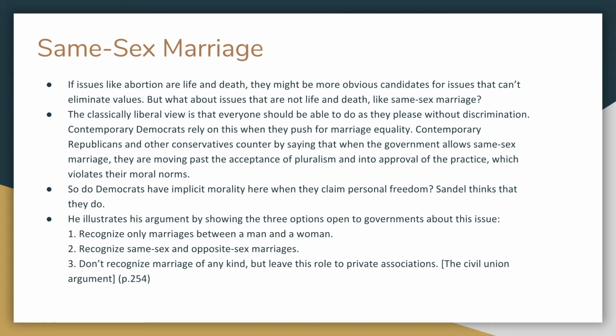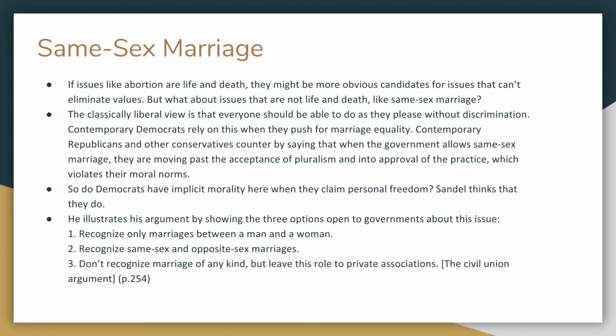But same-sex marriage isn't life and death. And we're going to take a look at how Sandel thinks that you still shouldn't take morals out of the equation. He uses a case study from the Massachusetts Supreme Court, where they struck down a law. I think they were the first to institute same-sex marriage. Don't quote me on that.